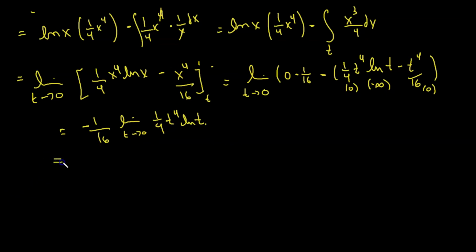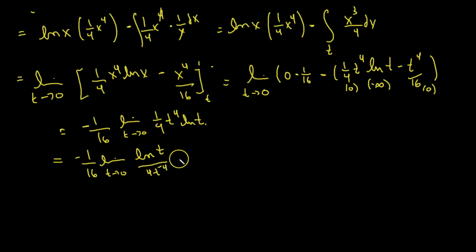So what we're going to do here is apply L'Hopital's rule, because we can't really say whether this first term is going to negative infinity or to 0. We can rewrite this as negative 1 over 16 minus the limit as t approaches 0 of ln t over 4 t to the negative 4.